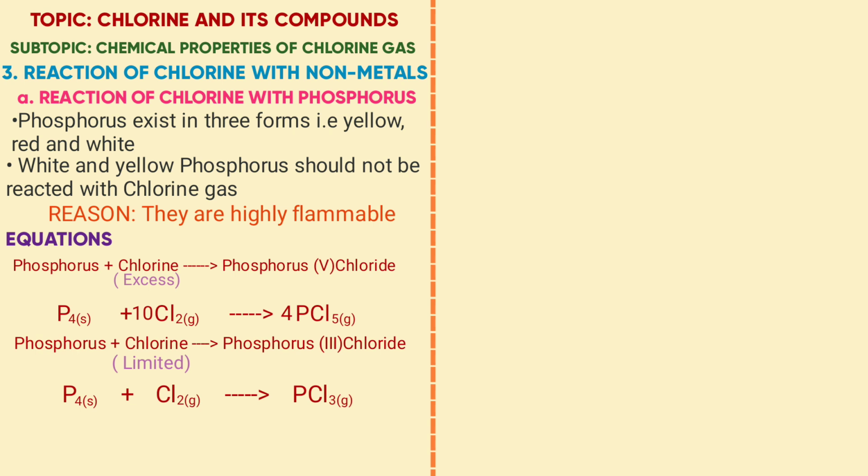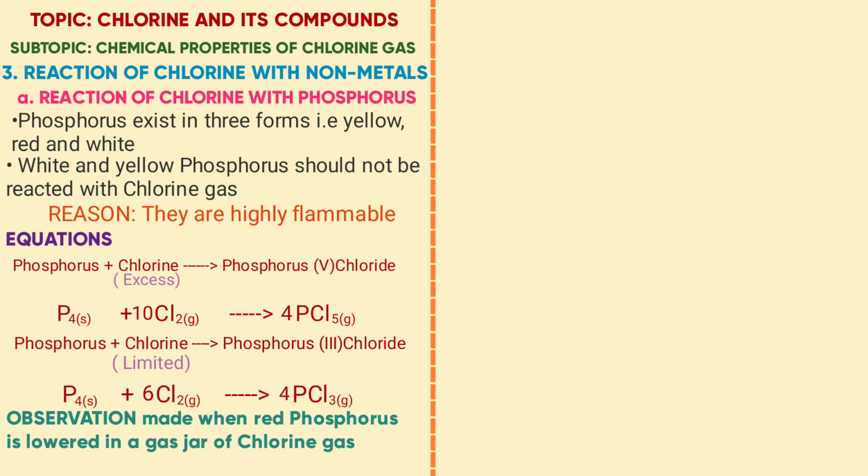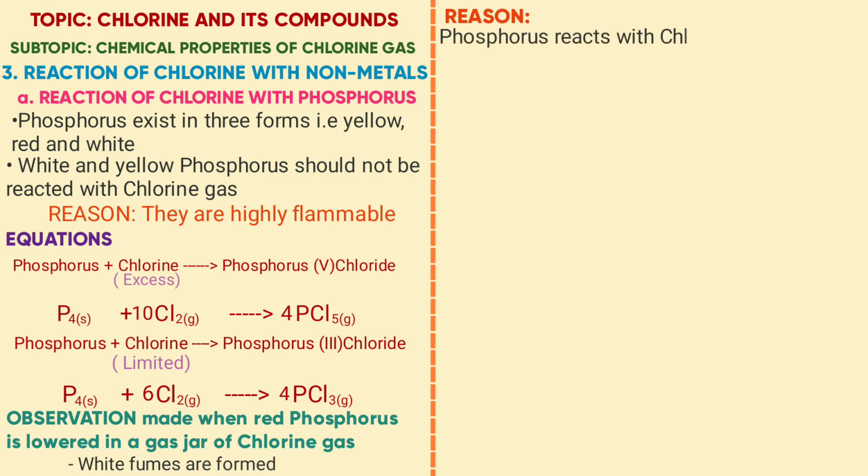Balance the equation: place 6 where there is chlorine, then place 4 where there is phosphorus 3 chloride. The observation made when red phosphorus is lowered in a gas jar of chlorine gas is that white fumes are formed. Reason, phosphorus reacts with chlorine gas to form phosphorus 5 chloride and phosphorus 3 chloride, which are the white fumes.